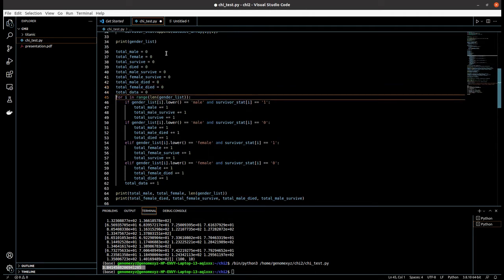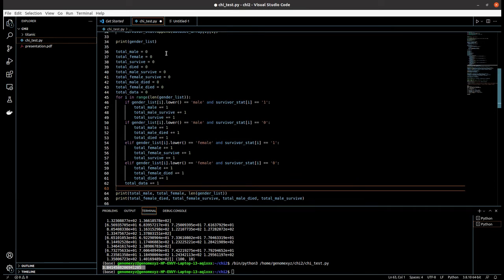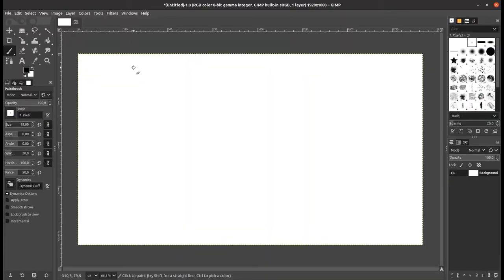And what is the use of this? To make you understand, I will draw this. So in our case, there are two variables, that is survive and gender or sex.